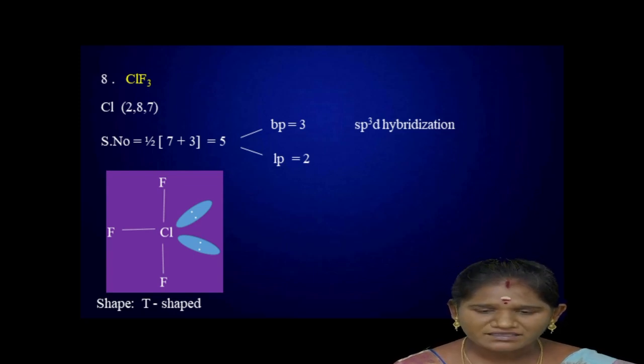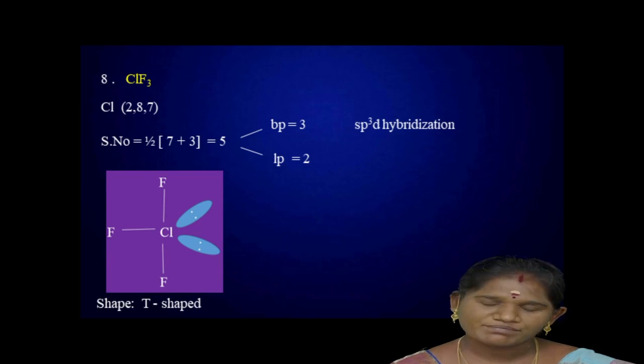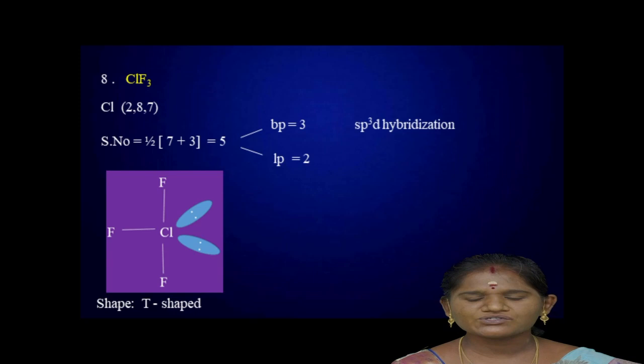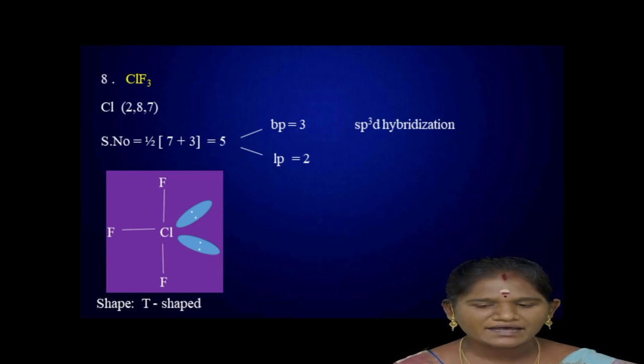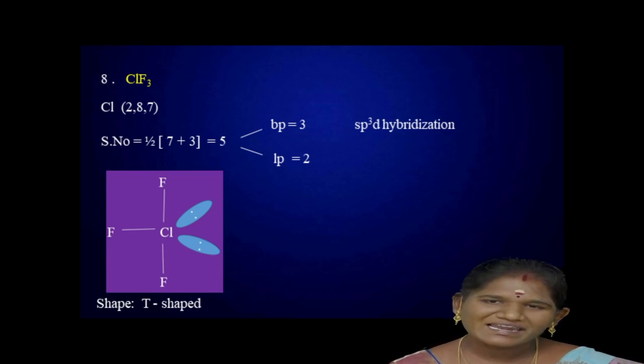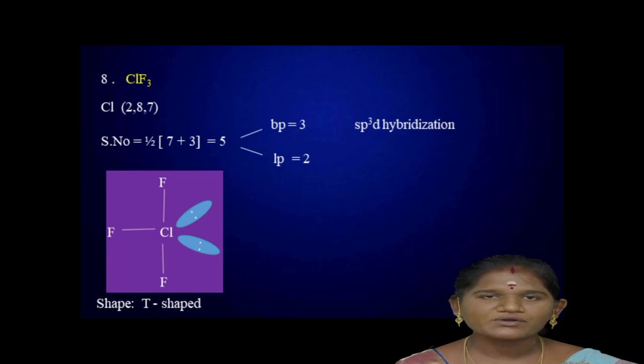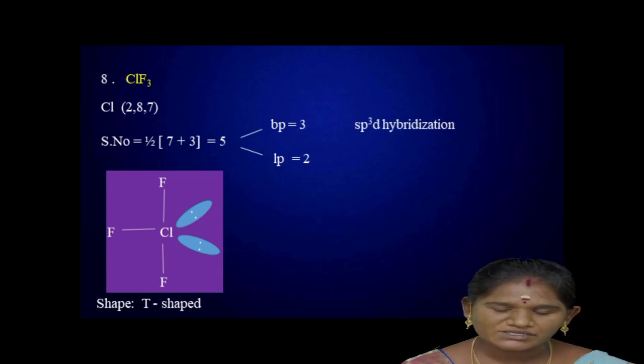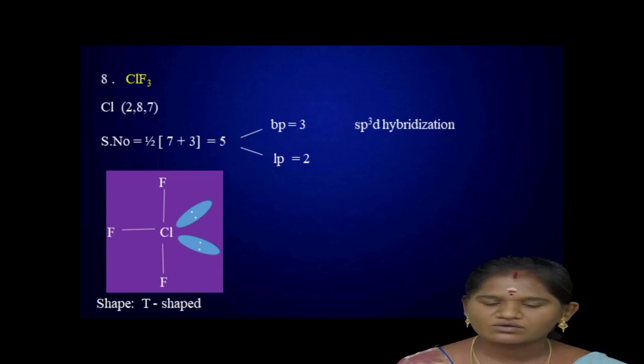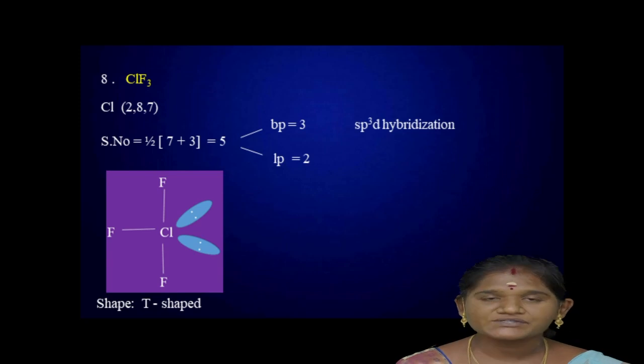So we can expect trigonal bipyramidal geometry. But here there are 2 lone pairs of electrons. So due to these 2 lone pairs, you are getting only a T shape. According to Bent's rule, these lone pairs occupy the equatorial position. So you see this is a T-shaped structure. So the structure of this molecule is T-shaped.